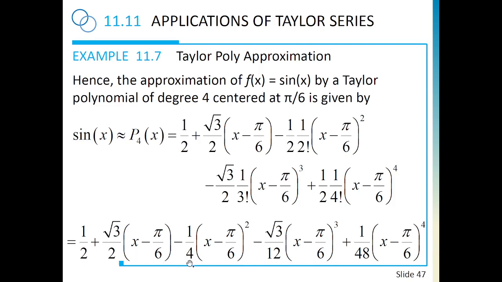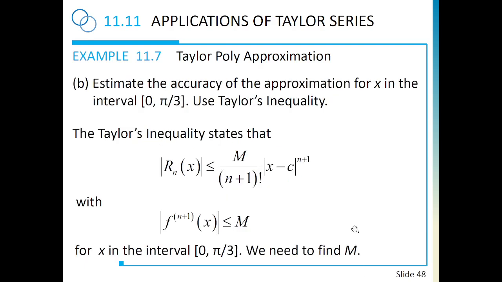So in this case, we cannot use the alternating series estimate because this is not an alternating series. It's important to realize that. So the only option in this case will be the use of Taylor's inequality.